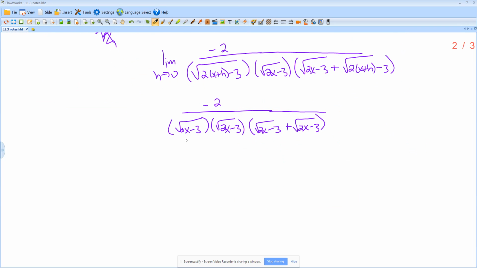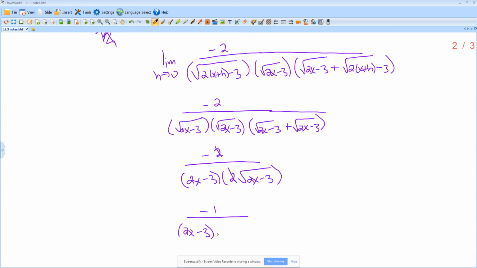Which, when I simplify this, square root 2x minus 3 times square root 2x minus 3 is just 2x minus 3. And when I add those, I get 2 square root 2x minus 3. So now my 2 over 2 can cancel, and I'm left with negative 1 over 2x minus 3 square root 2x minus 3.